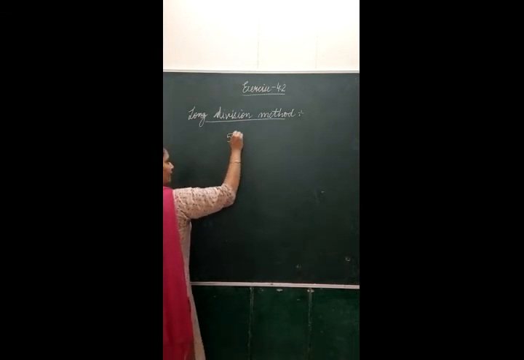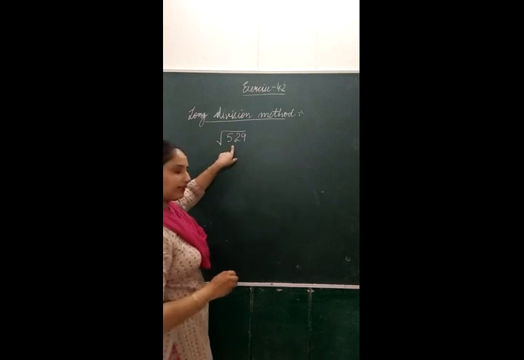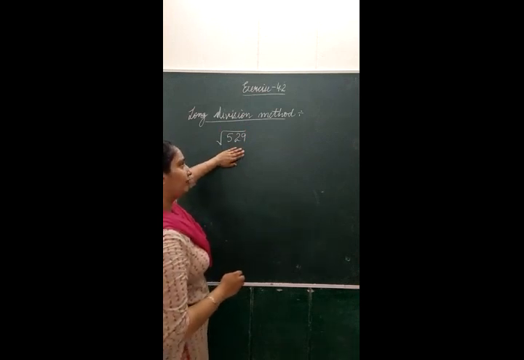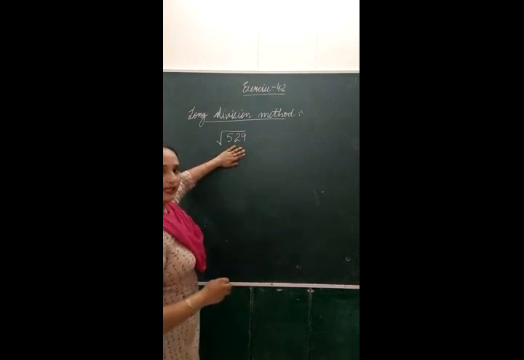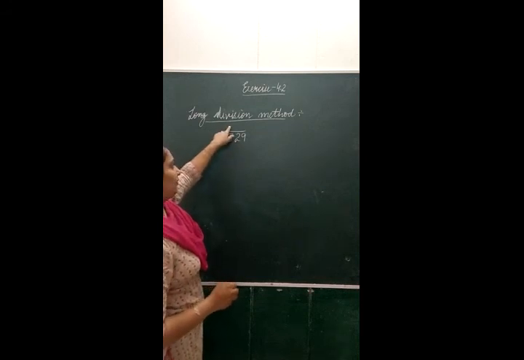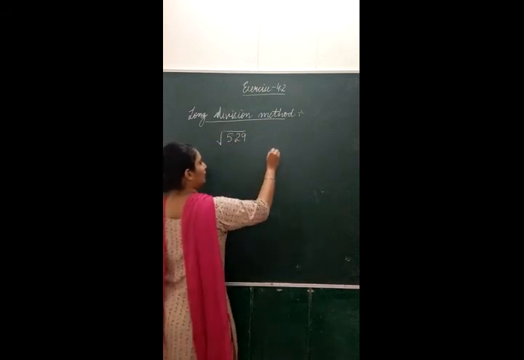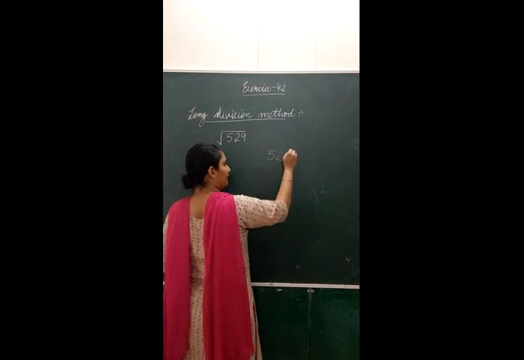Suppose we are given 529. We have to calculate the root of 529. So first of all, we are given 529.